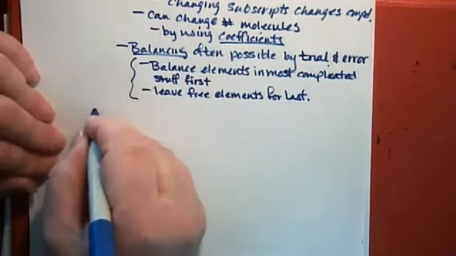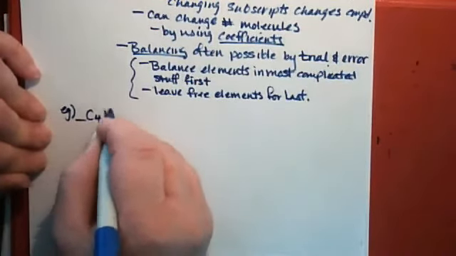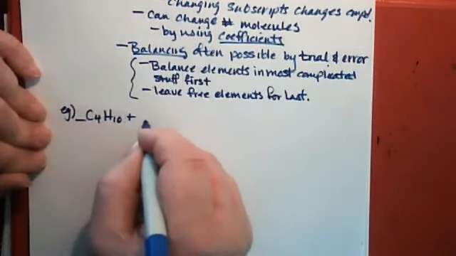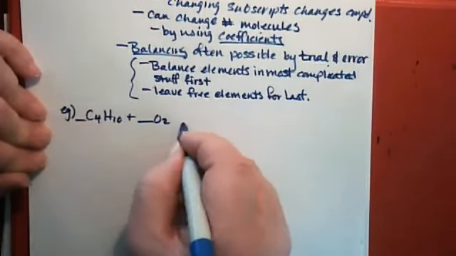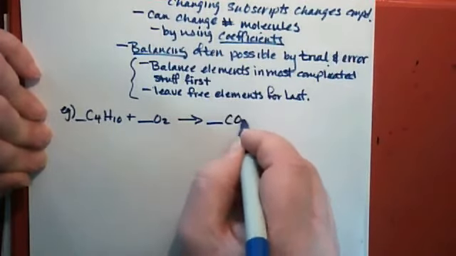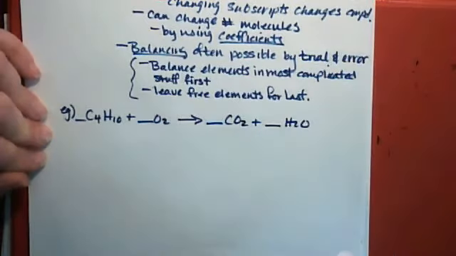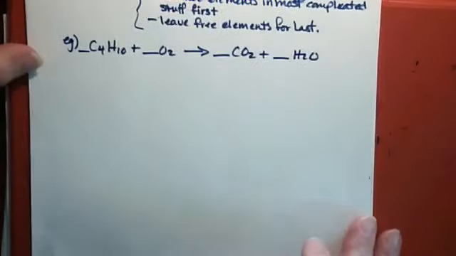With our example of butane, we can try to balance that and see what we get. This is a relatively complicated one to balance.